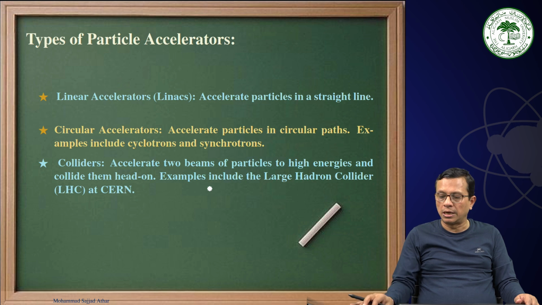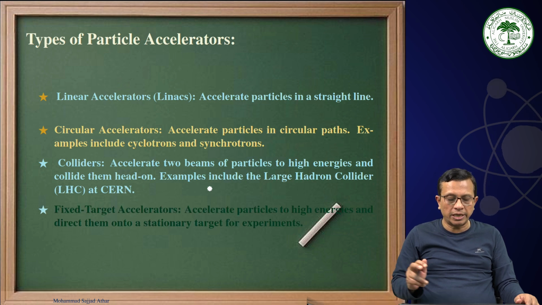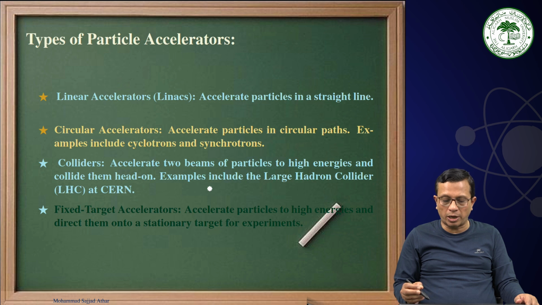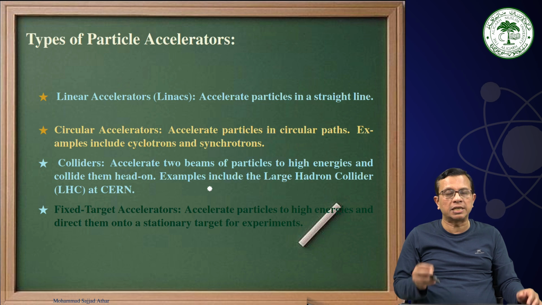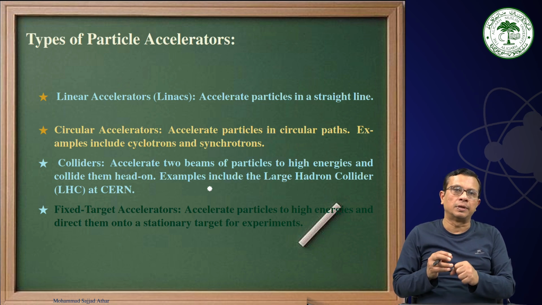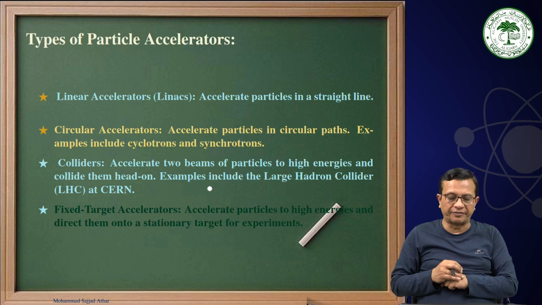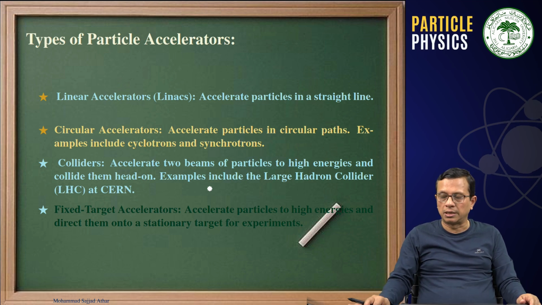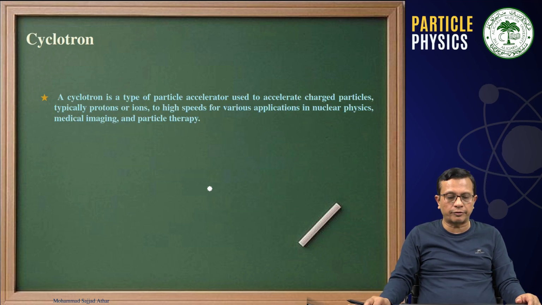Then you have fixed target accelerators. They accelerate particles to high energies and direct them onto a stationary target for experiments. A stationary target means I am talking about the laboratory frame of reference, where the target is at rest, and the target's energy is its rest mass.